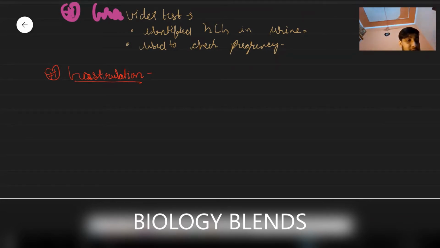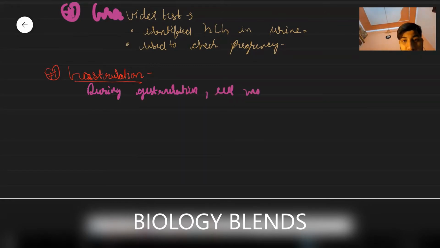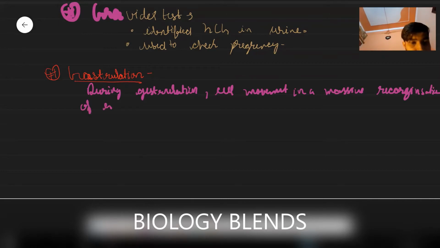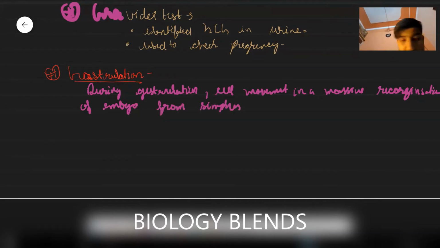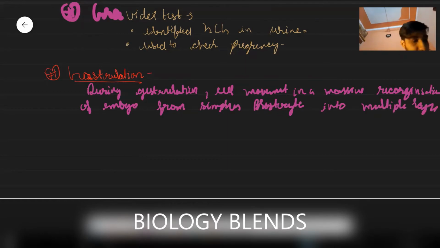During gastrulation, cell movement causes a massive reorganization of the embryo from a simple spherical blastocyst into a multiple layer embryo.